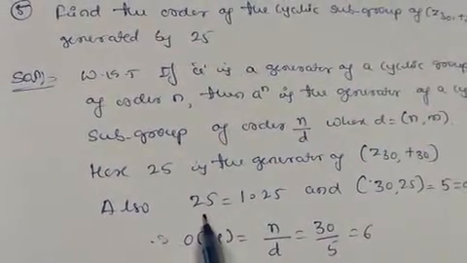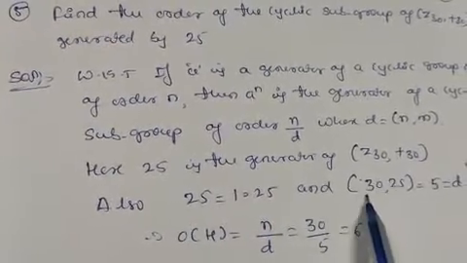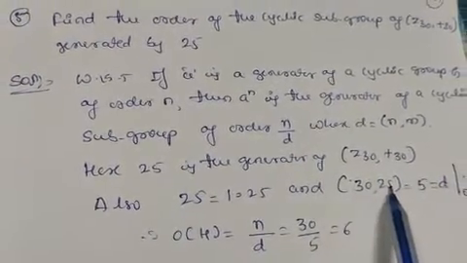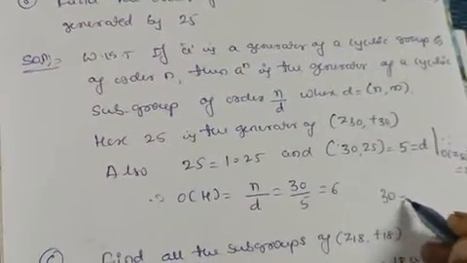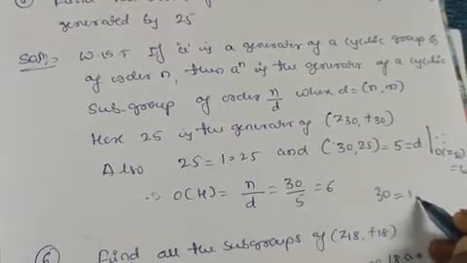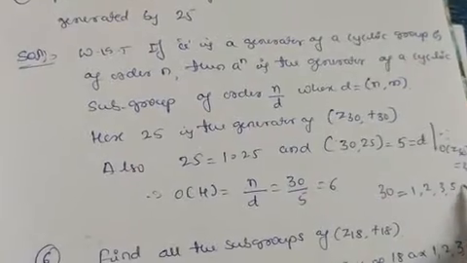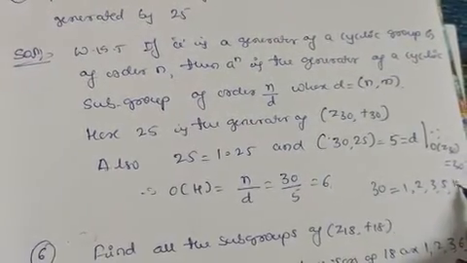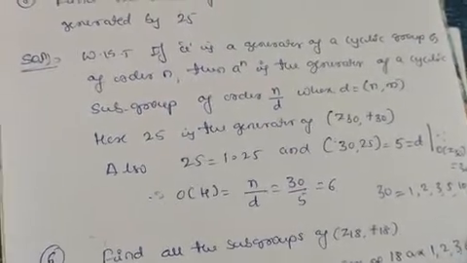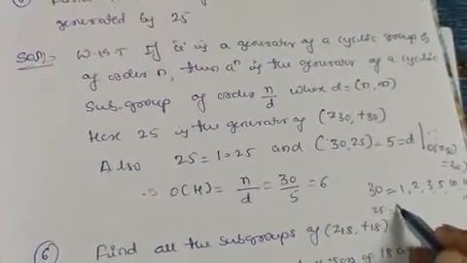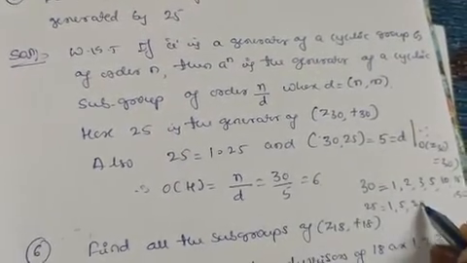Also we can write 25 as 1 into 25, and the GCD of 30 and 25 is 5. Here the divisors of 30 are 1, 2, 3, 5, 10, 15 and 30, and the divisors of 25 are 1, 5 and 25 only.